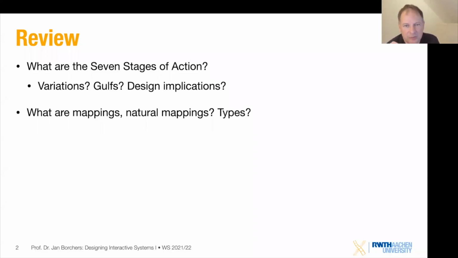One of the things to keep in mind in mappings is that they are not the same as an affordance, right? An affordance is a quality, very generally speaking, of an object that somehow suggests how it should be used. You could have a set of buttons that clearly suggest that there are 5 buttons to press, but you don't know yet what they're going to be controlling.